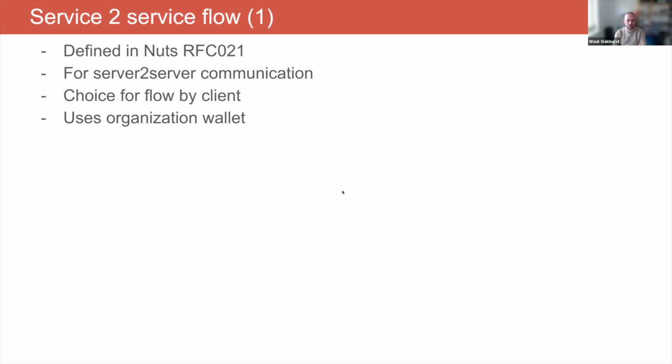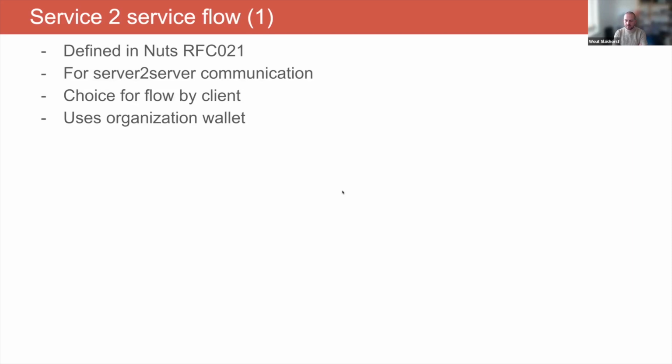What it uses is the organization wallet. So the NTS node is an organization wallet. It can hold verifiable credentials for the entire organization. This is a construct that is required in the entire world. So if you talk to other domains, they also say, okay, we need an organization wallet.